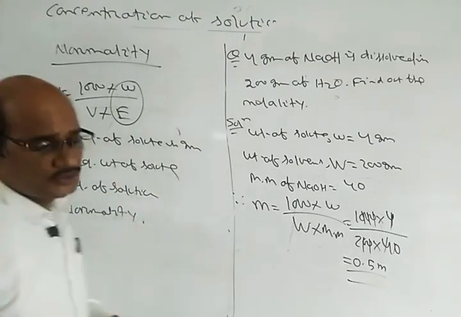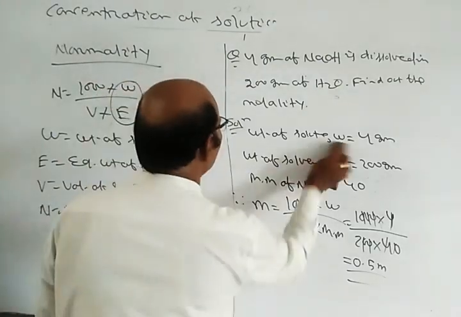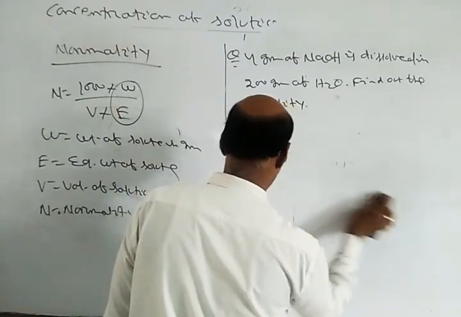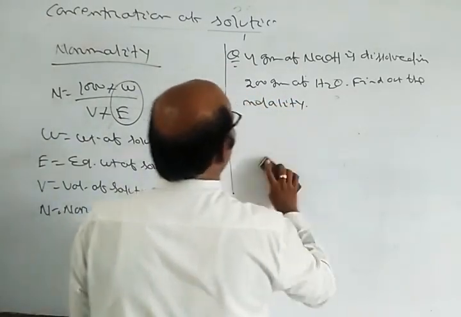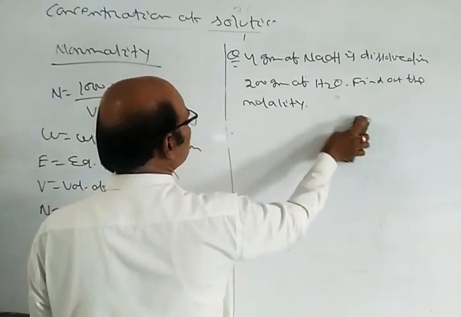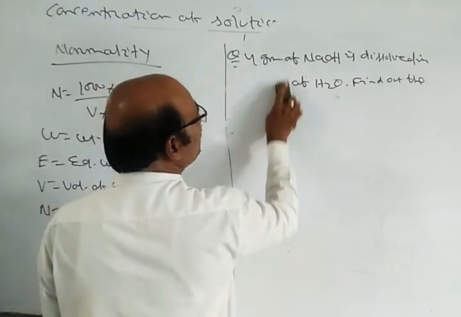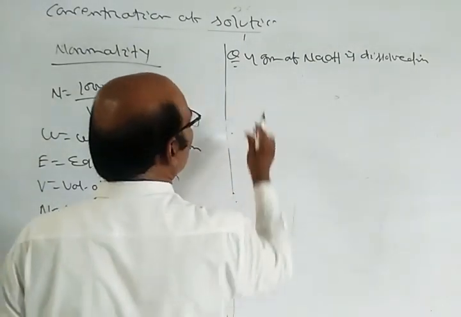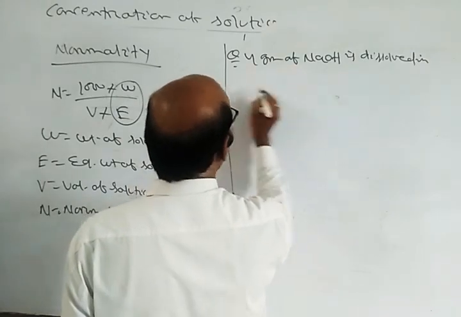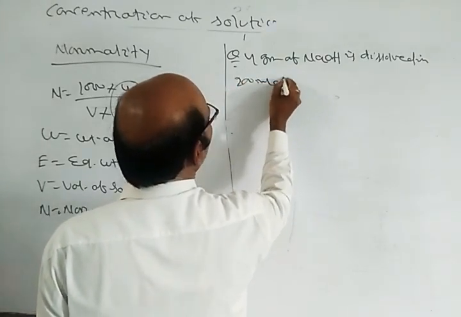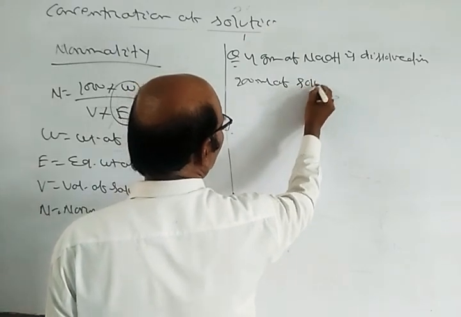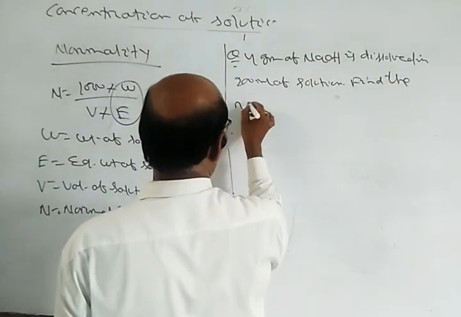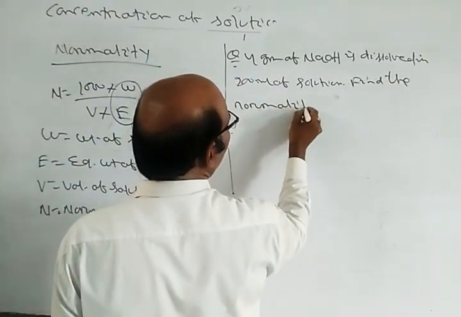Now see, how can you solve a numerical here? 4 gram of NaOH is dissolved in 200 ml of solution. Find the normality.